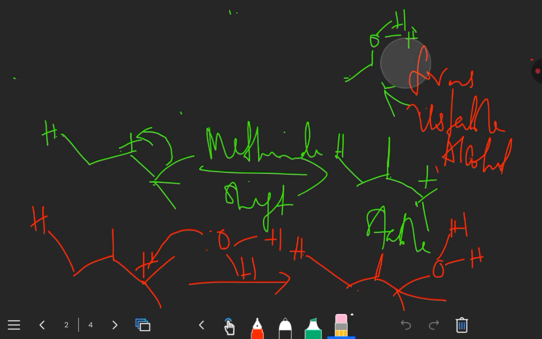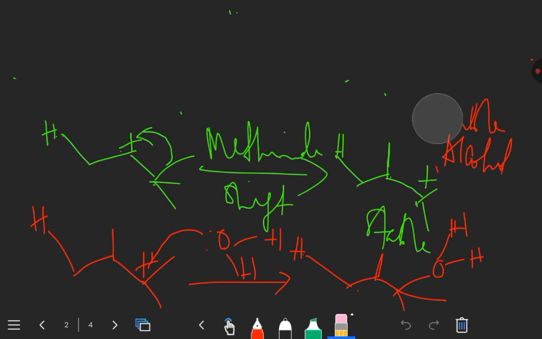So after we have that, we can now deprotonate the hydrogen. We'll deprotonate this compound by removing the hydrogen. So this will be our step 3.